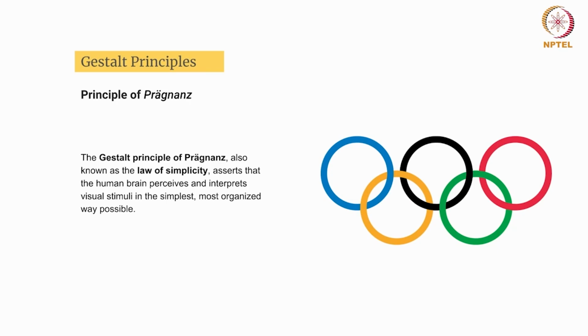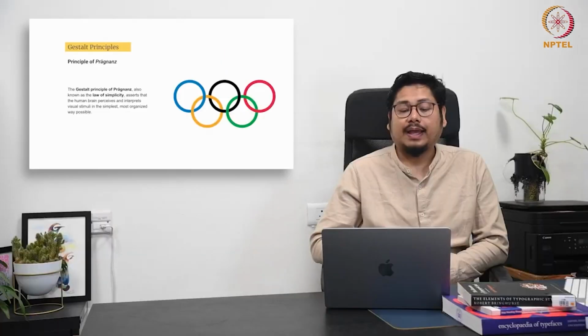If you see, all the circles are interlocked with each other, right? And the sense of interlock is perceived by our brain very quickly, even though the image is designed in a 2D space. This is what Gestalt's principles talk about, where our brain quickly reduces the complexity of the space and perceives it in a simpler way, making it easier to consume the overall information.